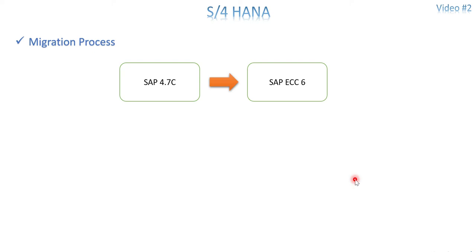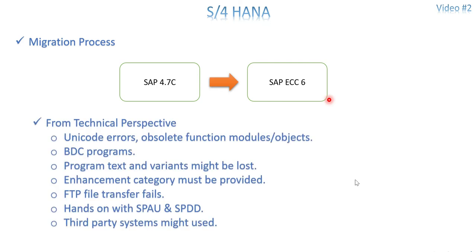So if you take this scenario 4.7 to ECC 6, we might have gone through many kinds of checklists. I'm not going to list out everything over here. This is just a reference for you, and it might be Unicode errors, and whatever the checklist is depends on your target system. So the target system accepts only Unicode, and the target system enables the enhancement category in tables. So what do I have to do?